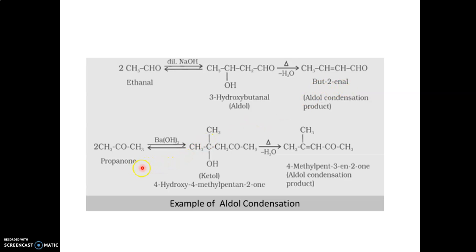When we take the example of a ketone, 2-propanone, in the presence of the base barium hydroxide, it results in the condensation product. Since we have taken a ketone, here we name it a ketol, and the product obtained is 4-hydroxy-4-methylpentan-2-one.